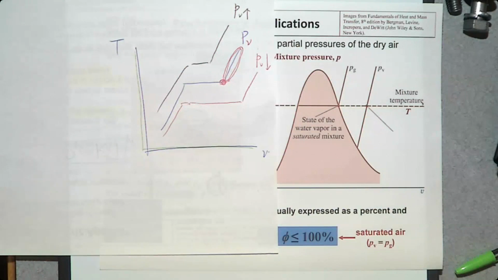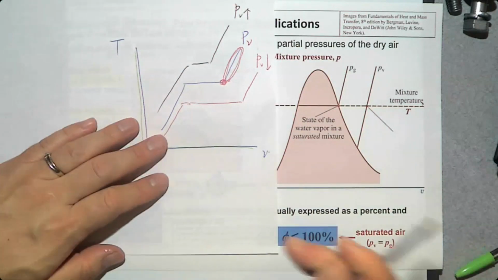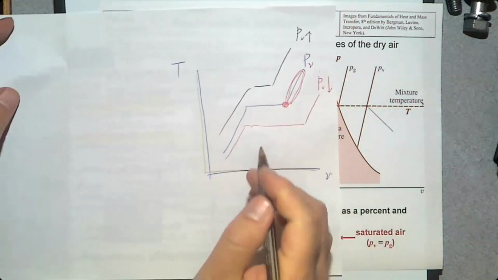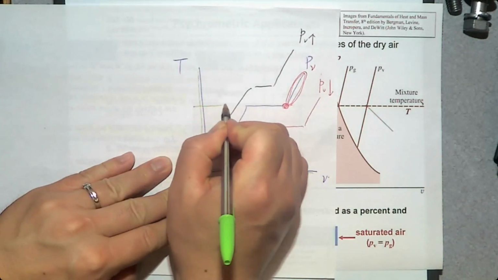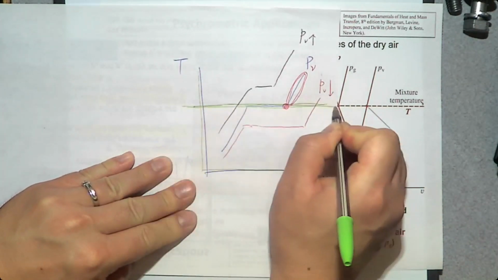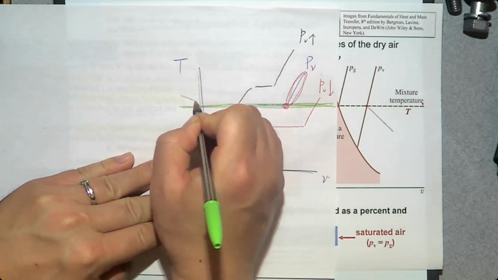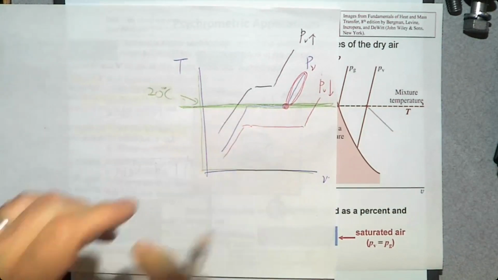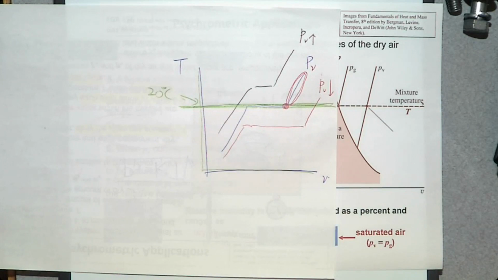If it is at a constant temperature T, let's say this one, now this is important. If it is constant temperature T, this point, let's say that this is 20 degrees Celsius. The air in this classroom, there's a limit of the water vapor amount this air can contain.